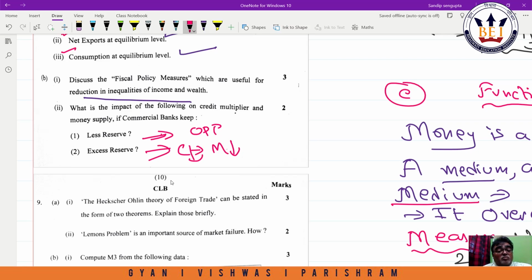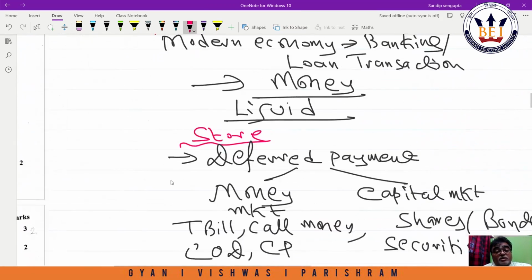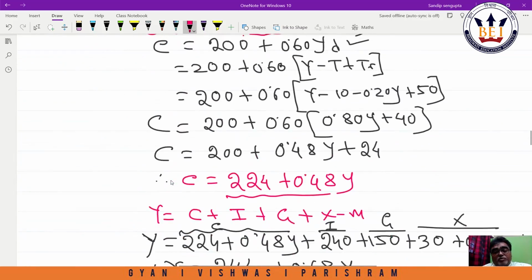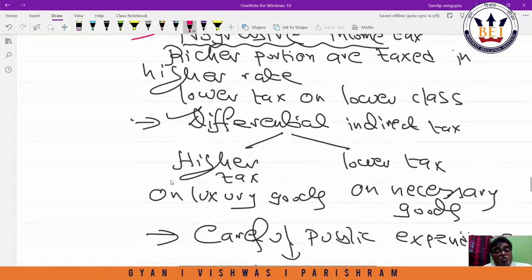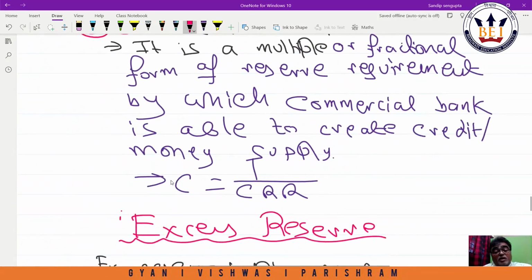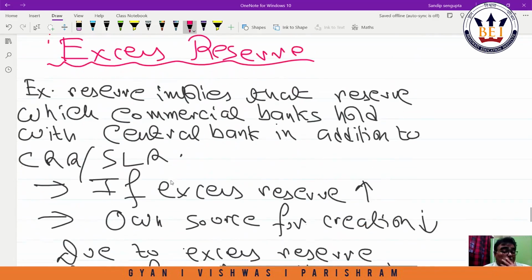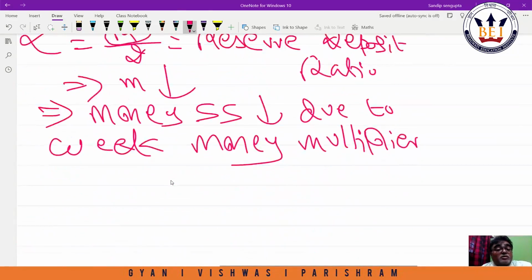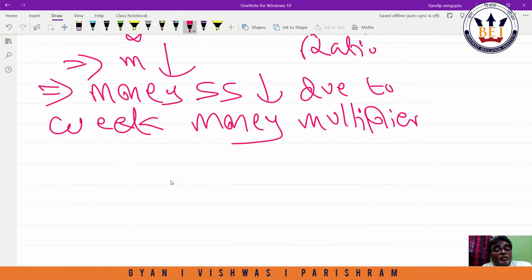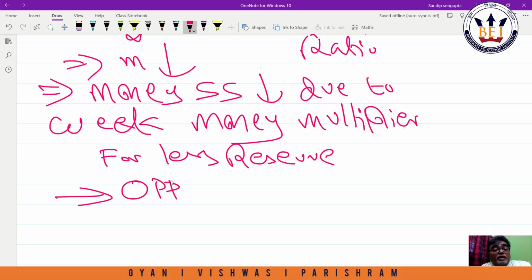So for B2, exactly opposite things you have to write. Excess reserve I explained, and for less reserve, the opposite illustration should be given.